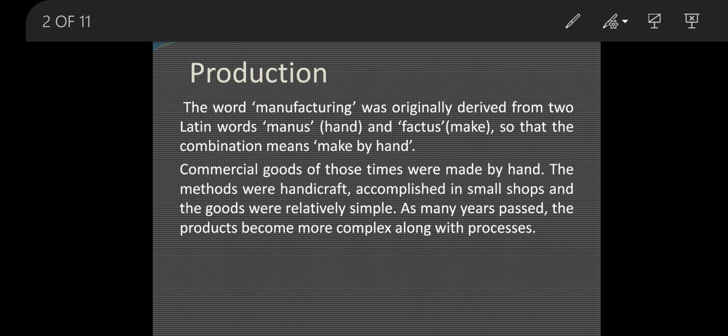But nowadays there is a huge change in the production process. Not only in the production process, but there are drastic changes made in the products. Nowadays the products are more complex, which requires more special manufacturing machineries, techniques, knowledge and skills.